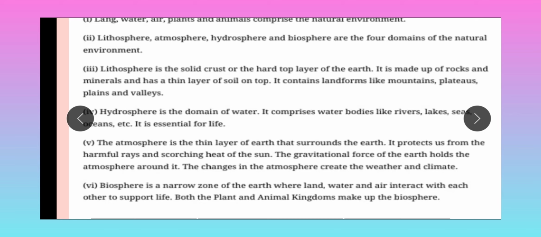After the combination of these three domains, the fourth one, biosphere, is created. In the biosphere, plants, animals and humans are included, and their existence is possible only with these three main domains: lithosphere, hydrosphere and atmosphere.